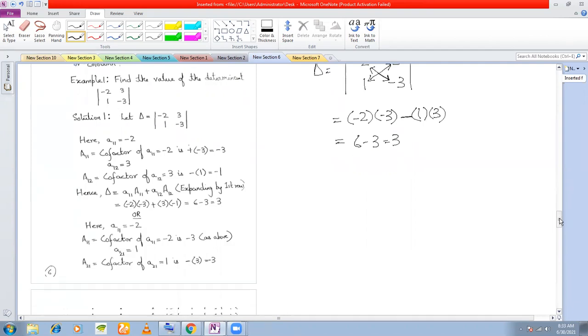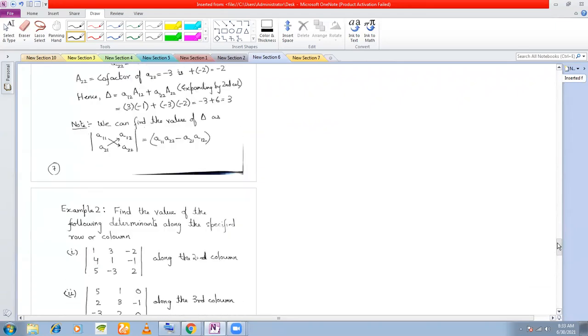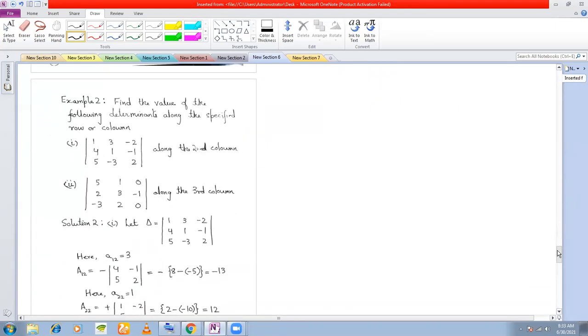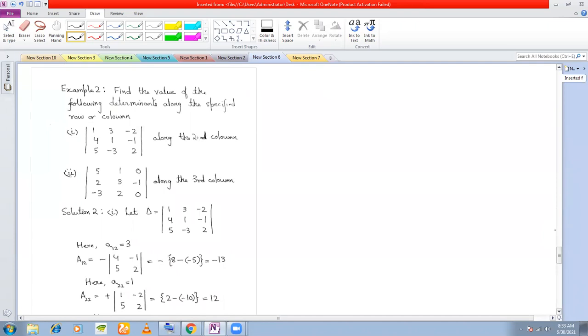Let us now move on to determinant of order 3. We proceed exactly in a similar manner. The question here is to find out the value of the determinant along the specified row or column. This is the given determinant: 1, 3, -2; 4, 1, -1; 5, -3, 2.